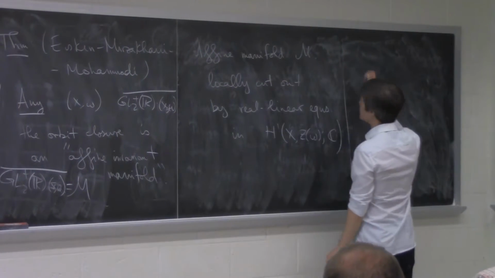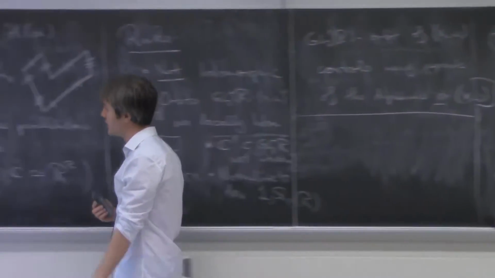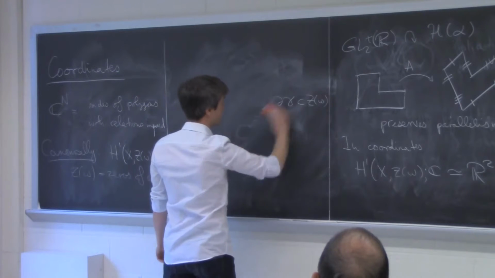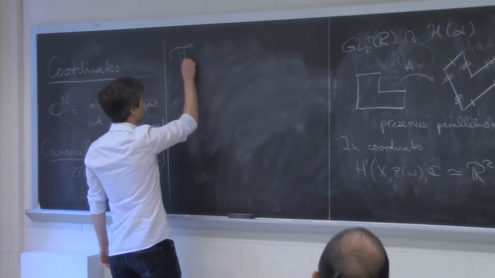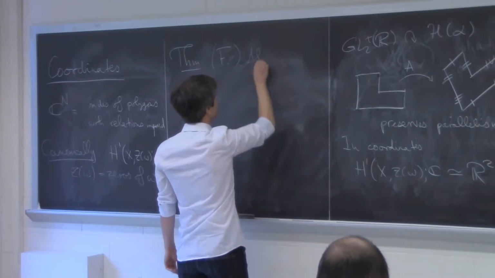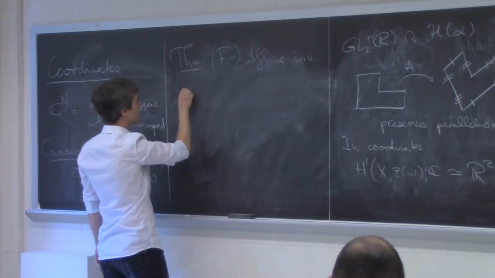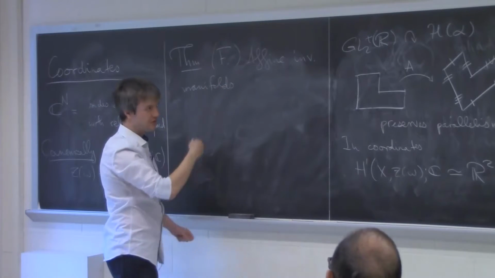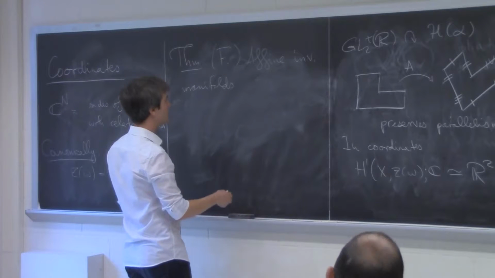And then the theorem is that, in fact, you can describe these affine manifolds using just purely algebraic geometry. So I'm just going to call them affine invariant manifolds to make sure that they're distinct. They're the affine manifolds which occur in this context, not just any affine manifold.